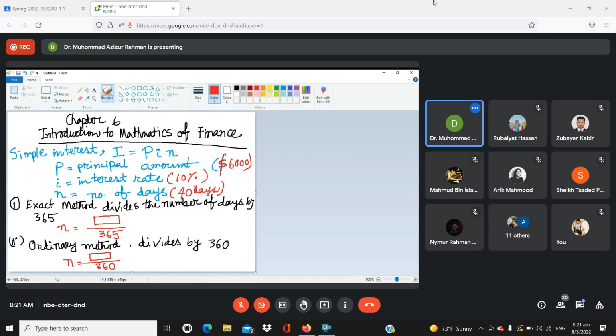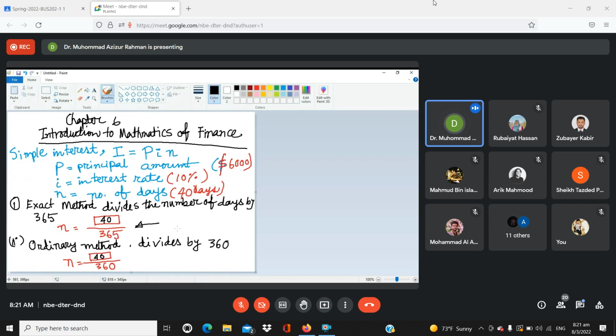So you need to convert, so it is 40 here. So it is 40 days, so you put 40. If it is given 40 here, 40. So you're converting days to year, actually yearly, right? Understand? Yes, sir. So that is your two ways you can convert, whether you use exact method or ordinary method.